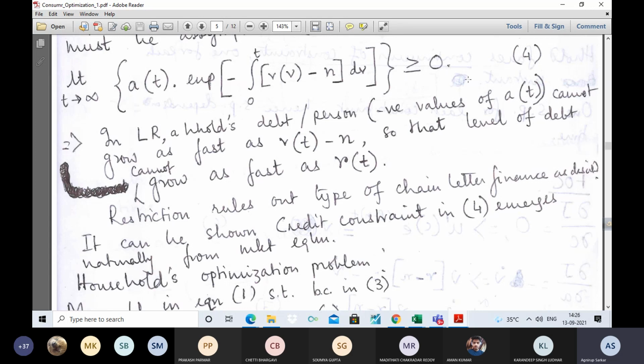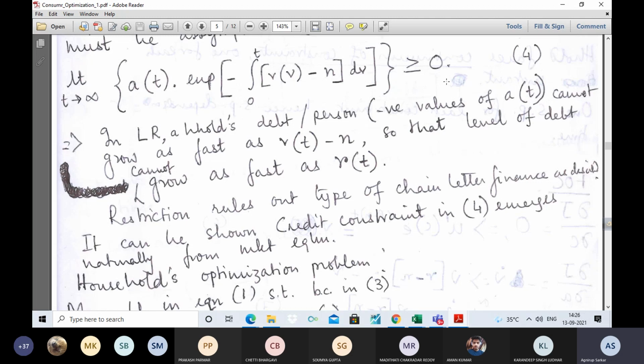This condition must hold true, and if it holds true, then what it means is that in the long run, a household's debt per person, which is negative a_t, cannot grow as fast as this, right? This is r_t minus n. This is sort of the benchmark. So what this condition basically does is put a check on how fast a household's debt can grow.